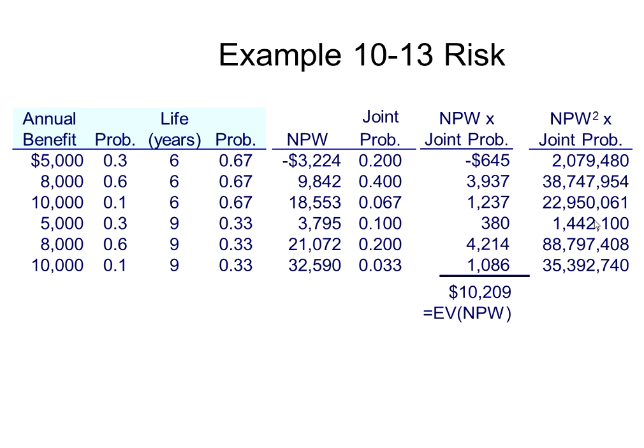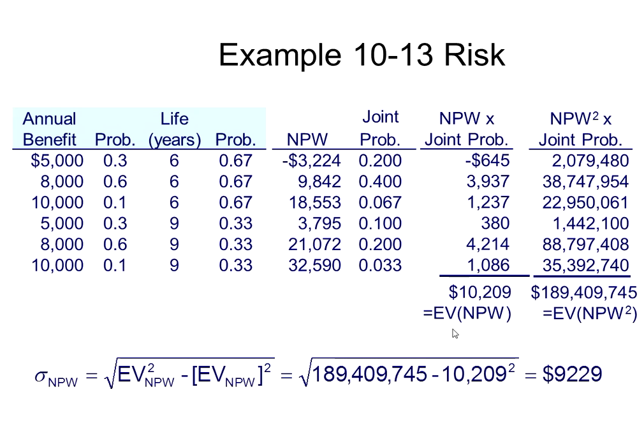So we can do all those cross products of squares with the joint probabilities and then sum those up, and that gives us the expected value of squared net present worth. Then we can compute risk simply as the square root of this minus this whole thing squared. That's what we have, right?